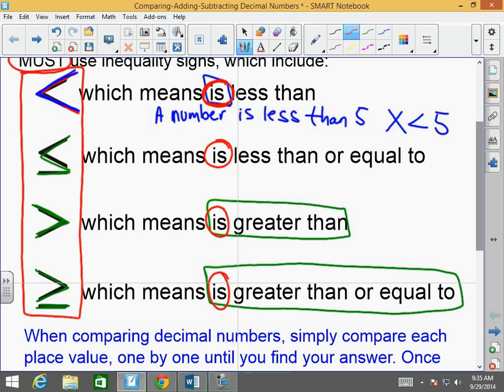You have to have that is less than, is greater than, is less than or equal to, is greater than or equal to. If you do not have the is, gentlemen, then it is not an inequality, and then we're just talking about subtraction or addition. Does that make sense, gentlemen? Awesome. Thank you so much.